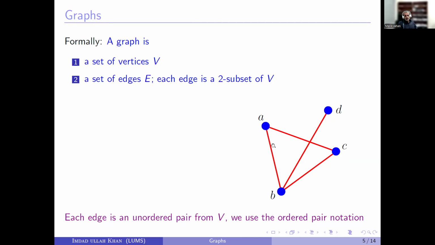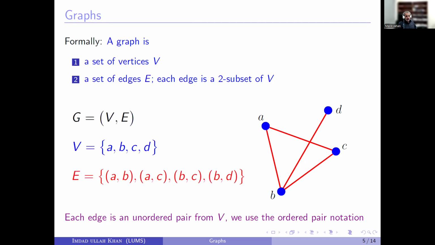Essentially, if the directions are not mentioned on the graph, we call it an undirected graph. So an edge is going to be an unordered pair. But if the graph is directed, which we'll see in a while, then we'll have to be very careful about the order of the elements within that pair.